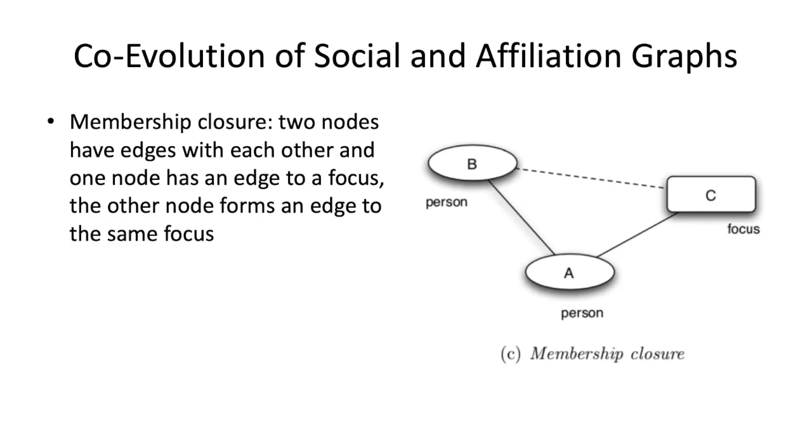Membership closure also involves these affiliations. What we're talking about here is where if we have two nodes in a network that have edges with each other, and one of the nodes has an edge to the focus, then we would expect the other node to have a certain probability of forming an edge to the same focus.